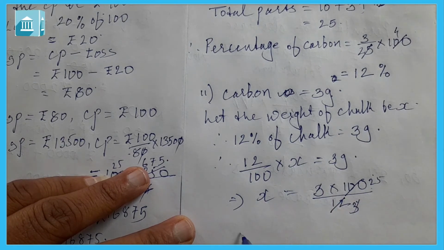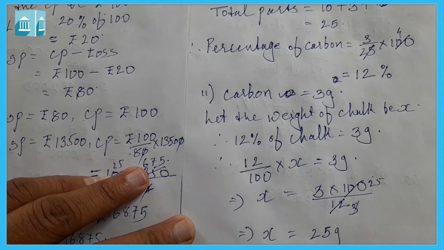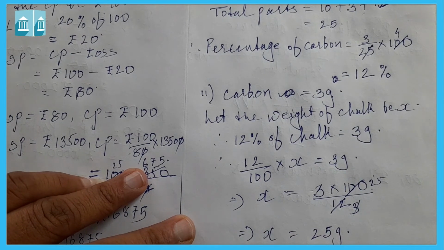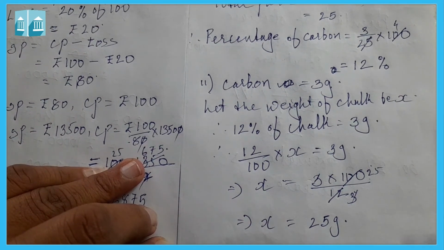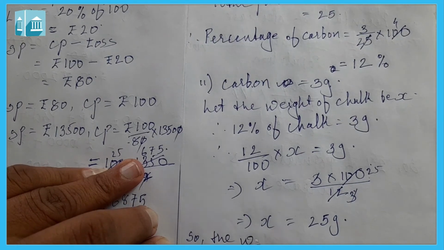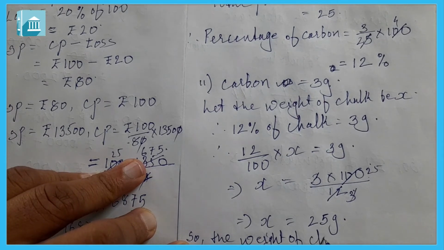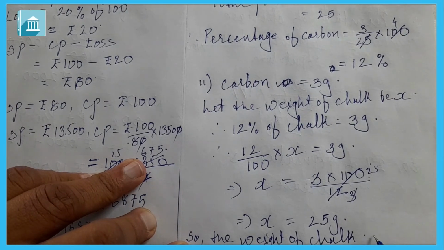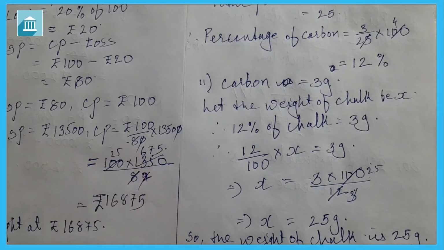So we can say that X is equal to 25 grams. We have to find the weight of the chalk stick, so the weight of chalk is 25 grams.